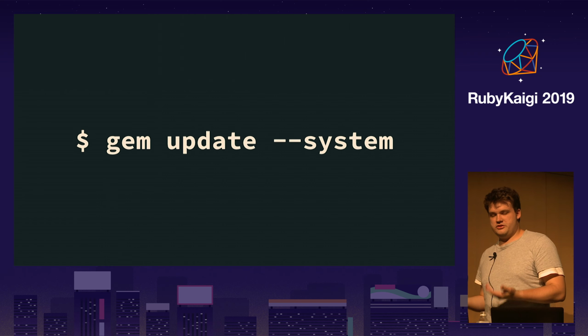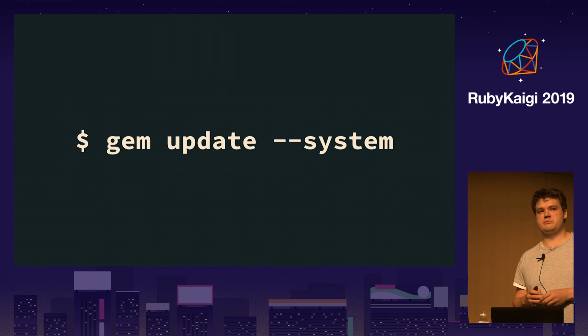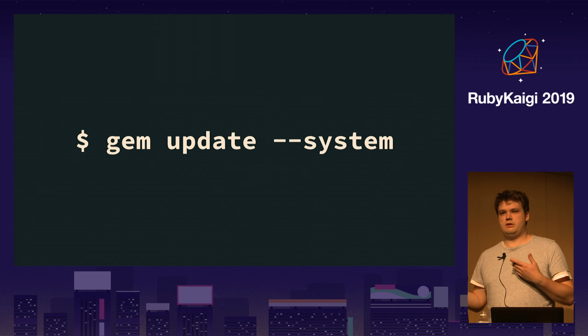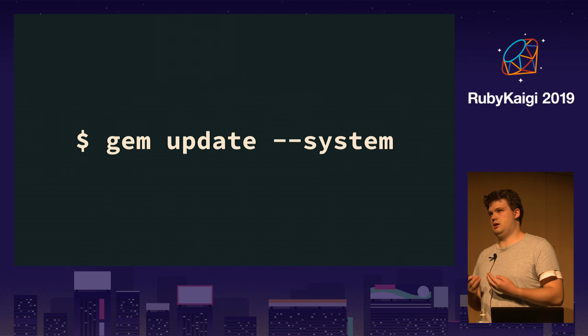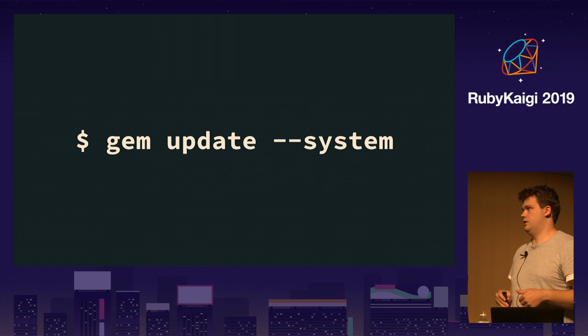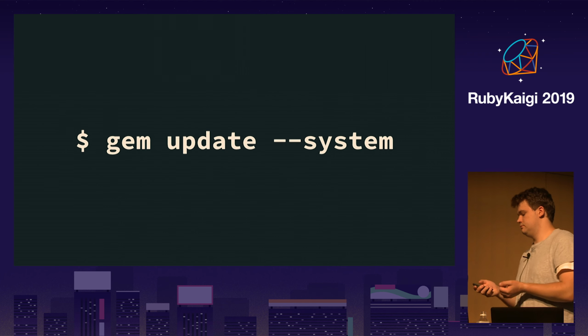So if you're still having issues with Bundler 2 and RubyGems in your current environment, I recommend updating RubyGems to the latest version. If you're in an environment where you can't update RubyGems, we are currently working on backporting some patches into RubyGems 2 that hopefully get released with a Ruby patch soon.